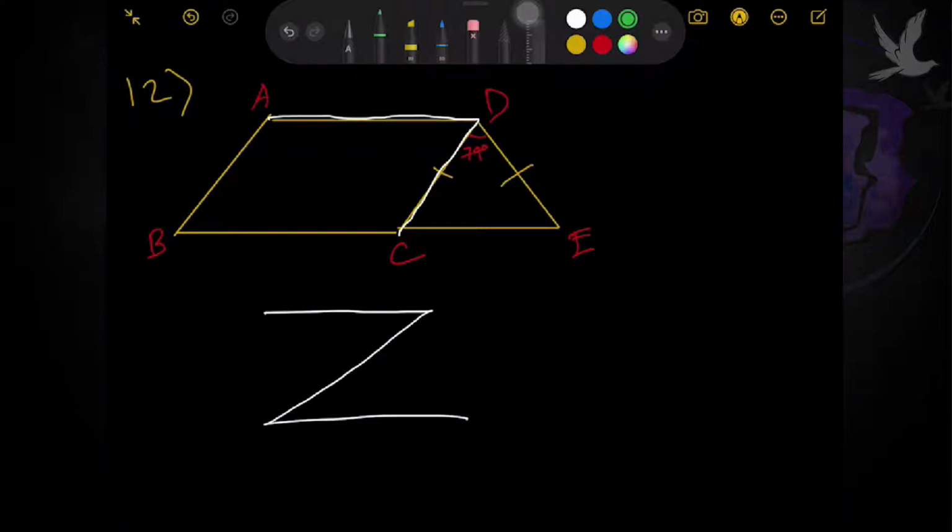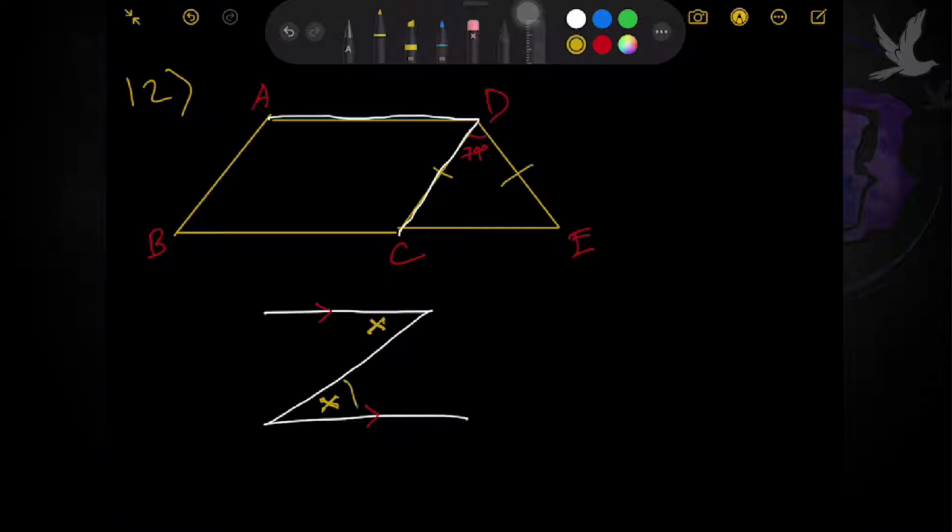Okay, so anyway, solving for this part, for a Z angle, as long as these two are parallel, ibig sabihin parallel lines yan sila, itong dalawa. So, whenever you encounter this type of angles, you should know that this angle over here is the same as this angle over here. Parehas yan.